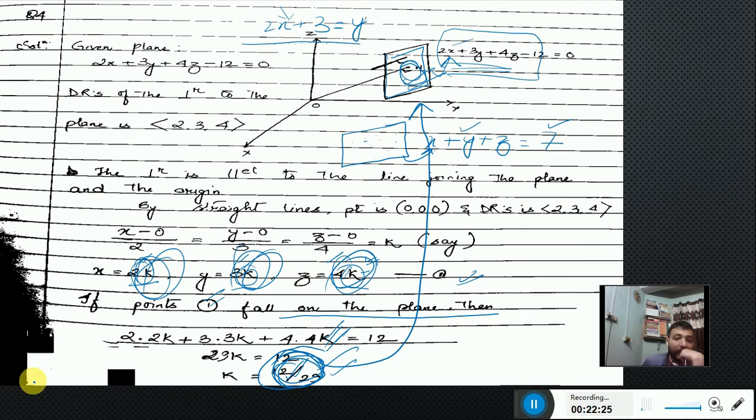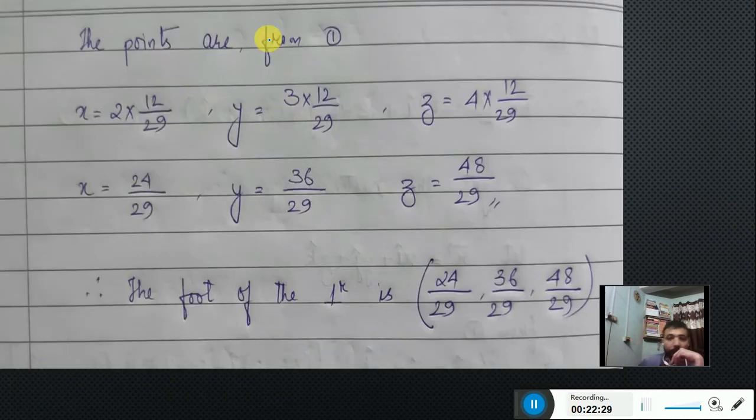Understand? I hope you understand now. So the foot of the perpendicular is this. So whenever you get a foot of a perpendicular question, try to find a line which touches the plane.